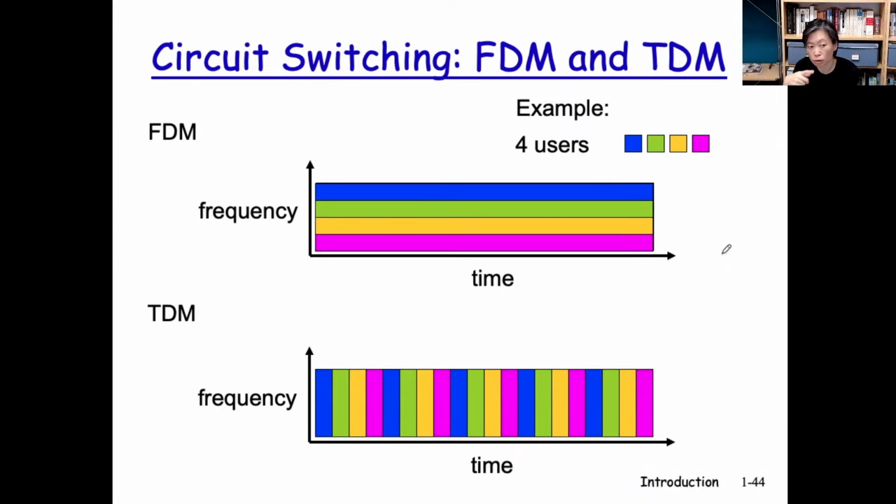Blue, green, yellow, pink, blue, green, yellow, pink. Yeah, it's rhythmic. That is exactly how TDM works. With a good rhythm, with well-synchronized time, the 4 users can send data one after another. Very orderly. If we have more than 4 users, how do we do that? You see, we could further refine the division into, for example, A parts. That way we can accommodate how many users? A users. Similarly for TDM.